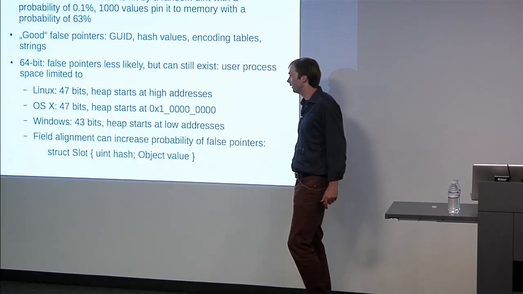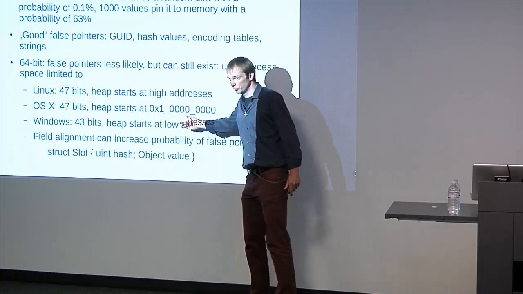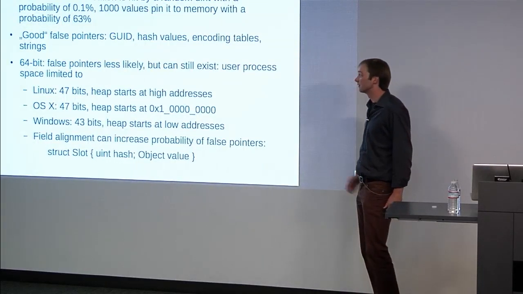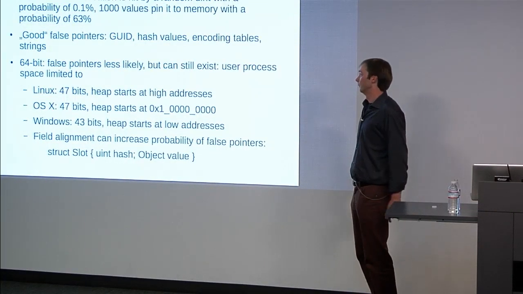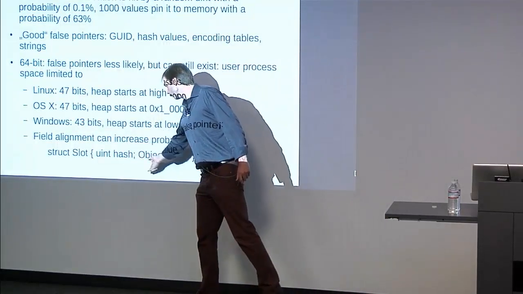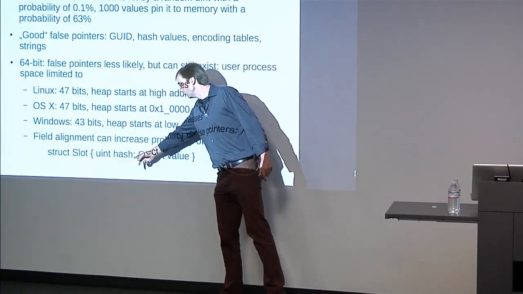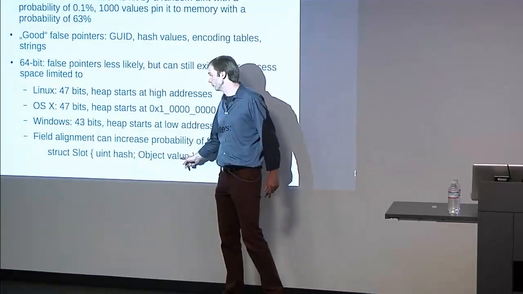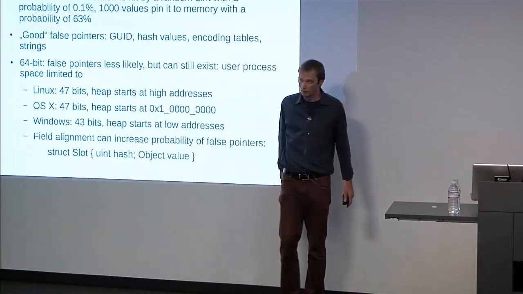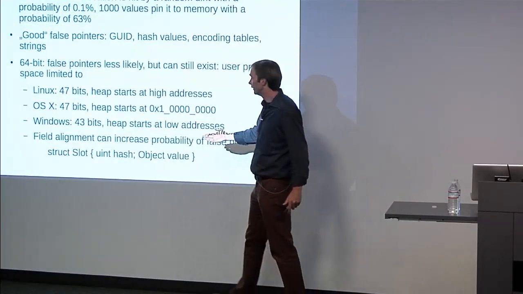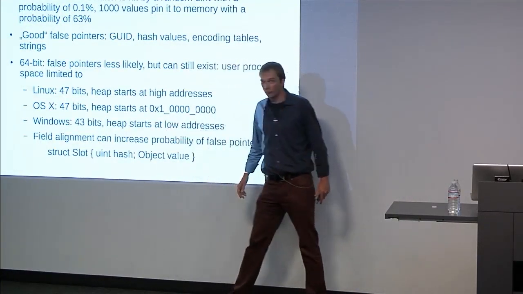And depending on where the addresses for usual heap allocations start, you might find some patterns that also produce false pointers. For example, a struct like this has some alignment space between the pointer or the reference here and the 32-bit value, and it's filled with 0, so it's more likely to produce a false pointer under Windows.